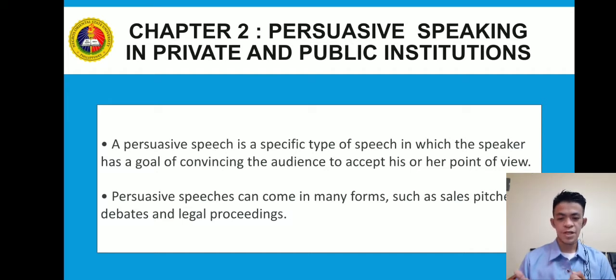Now, in addition, persuasive speeches can come in many forms, such as sales speeches, debates, and legal proceedings. An example of a persuasive speech is the sales speech. When we say sales speeches, it is when the speaker is trying to convince the audience to buy his or her product or service.